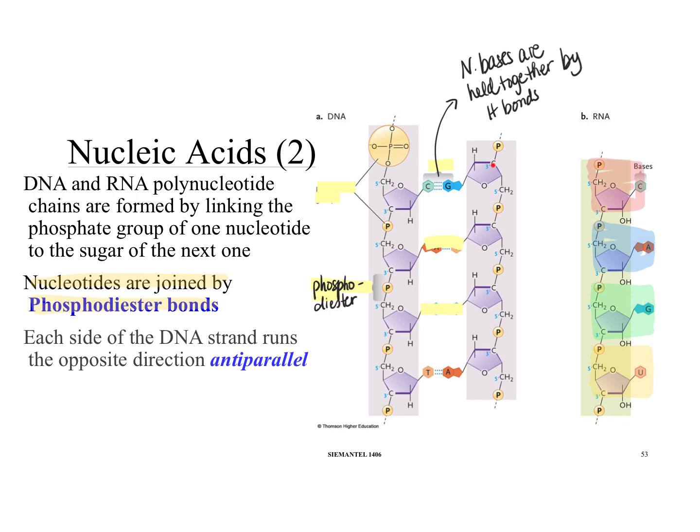Notice here I'm starting with 3 prime. So 5, 3, 5, 3, 5, 3, 5, 3, if we're looking at the strand on the left. But if we're looking at the strand on the right, it goes 3, 5, 3, 5, 3, 5, 3, 5. So the term we use to represent that is anti-parallel. We say that the DNA strands are anti-parallel to each other. They run in opposite directions.